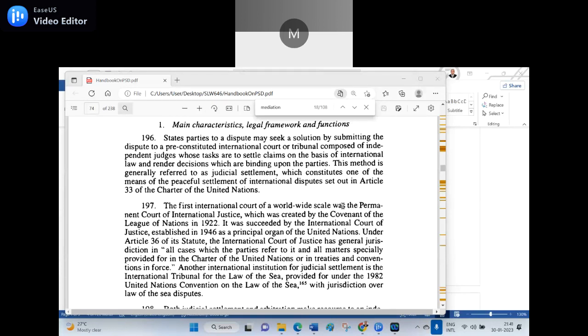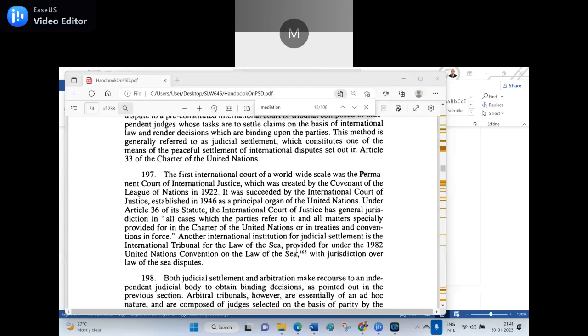Yes. That is number one. So Article 36 of its statute says the International Court of Justice has a general jurisdiction to entertain the cases of the states who are members of the UN Charter in all matters.